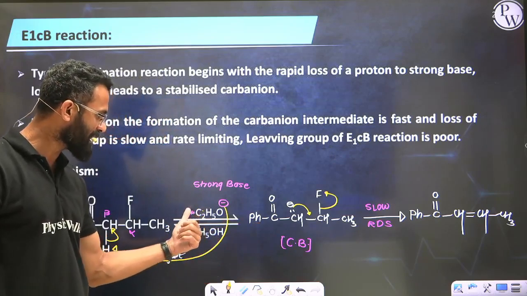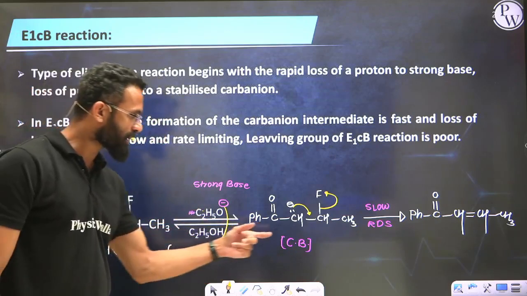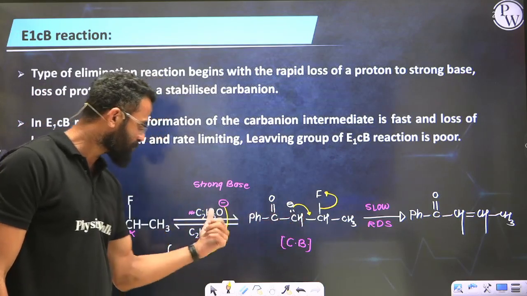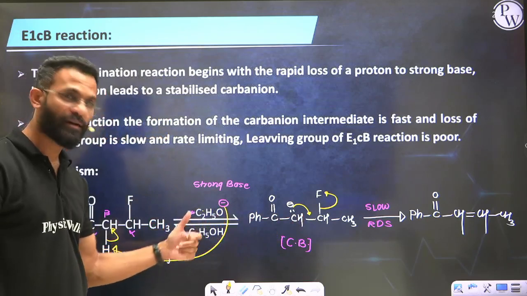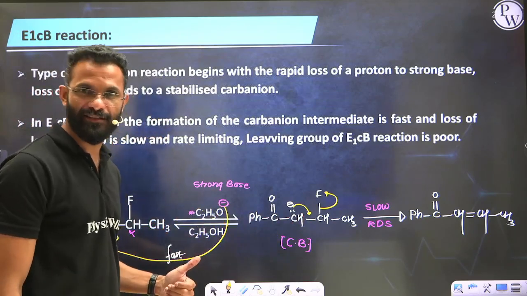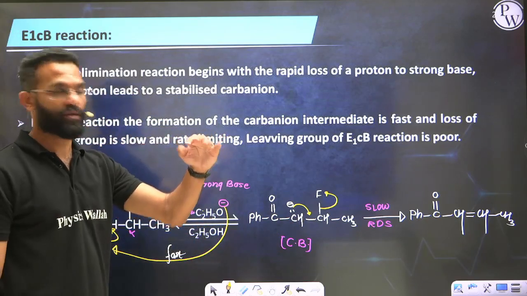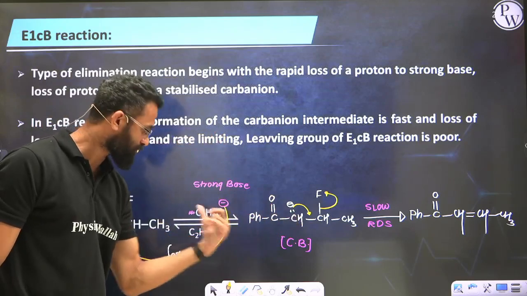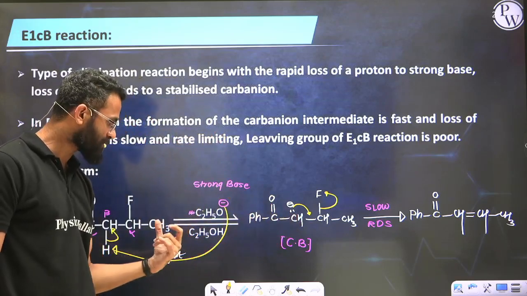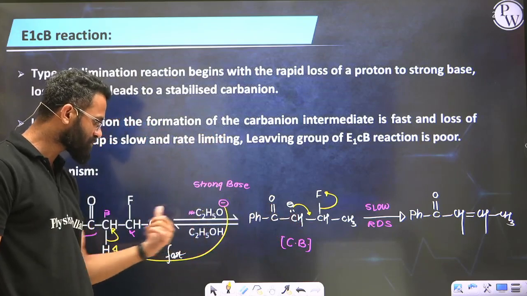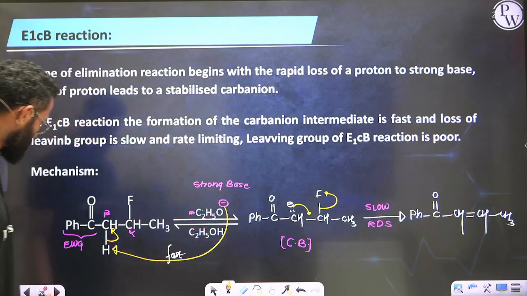So I will say K equilibrium is equal to the ratio of the molar concentration of product to the molar concentration of reactants. Guys, you have studied that if you have an equilibrium, how do you find the equilibrium constant? K equilibrium is equal to the ratio of the molar concentration of product. For this equilibrium, what is the product? Conjugate base. To the product of the molar concentration of reactants. What are the reactants? Base and the substrate.